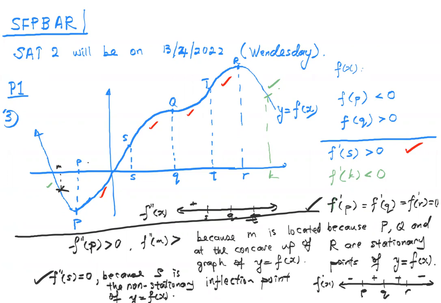Negative, positive, negative, because of the shape. So you have to look at what is given to you, then you talk.